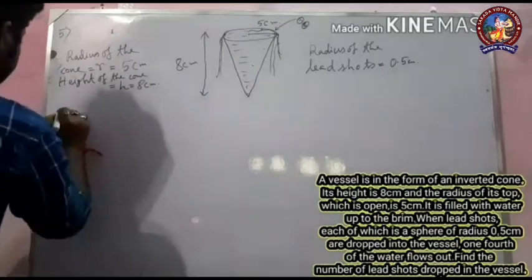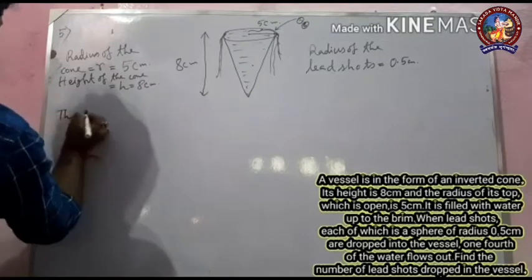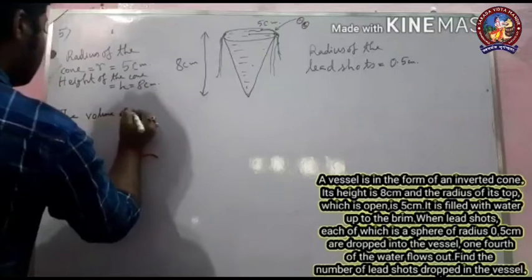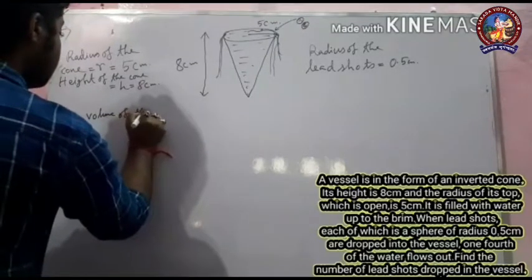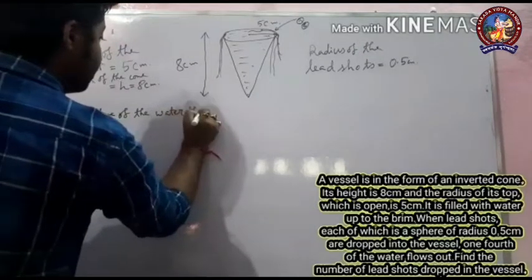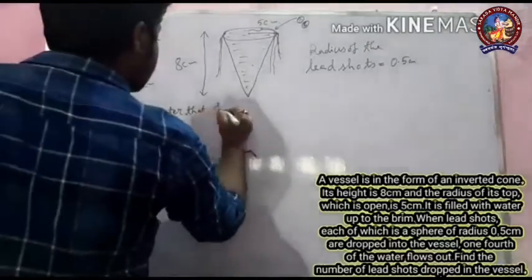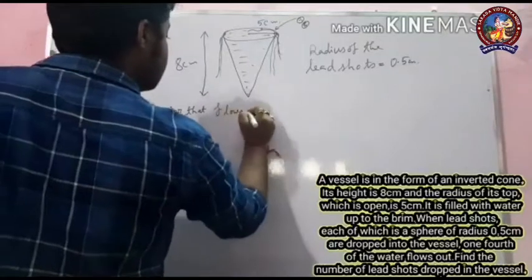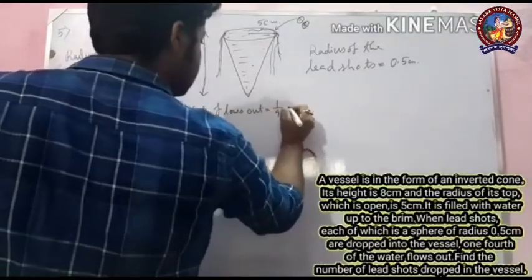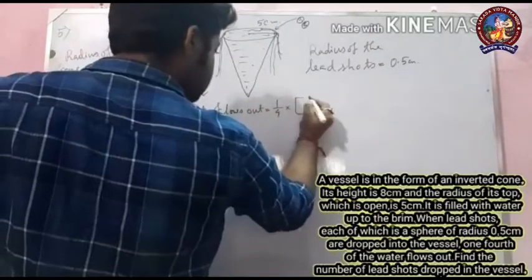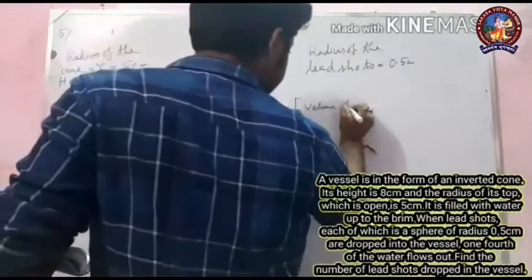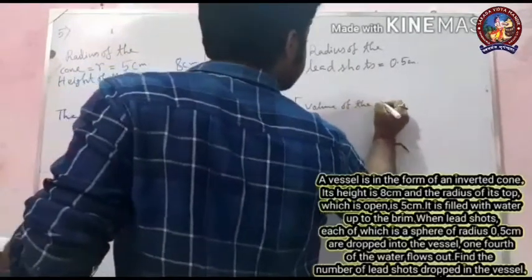So the volume of the water that flows out is equal to 1/4 into the volume of cone, right?